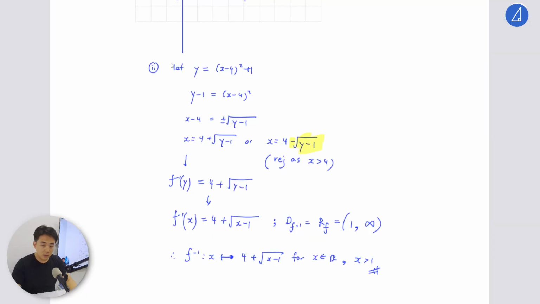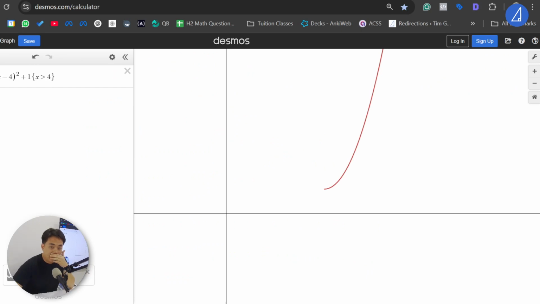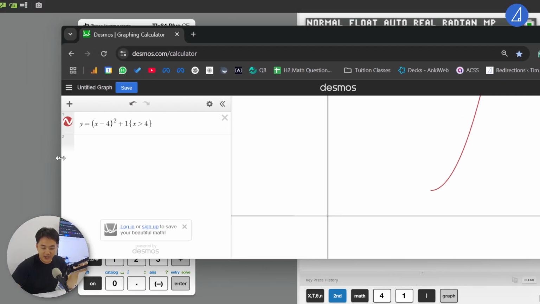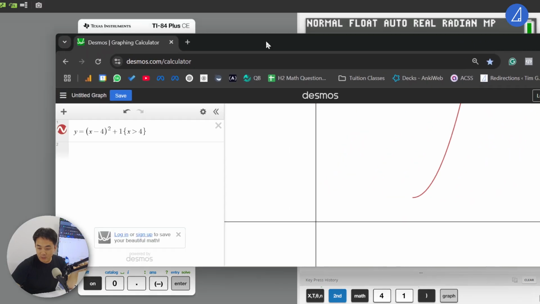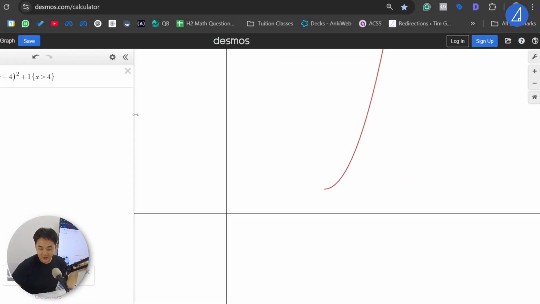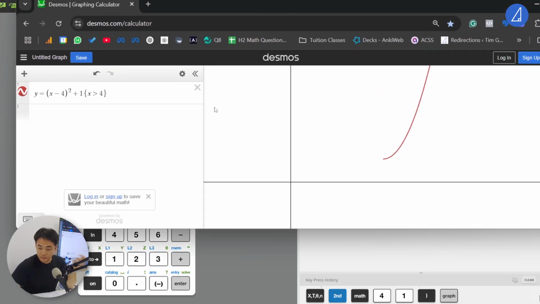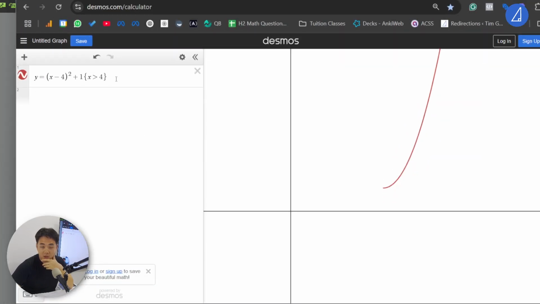Now remember what I said about inverse functions last week? I know probably 90% of it is gone already, but it's okay, I'll just recap. Nobody remembers what Mr. Gan said, it's okay. Look at this graph here. This is the original equation given in the question.